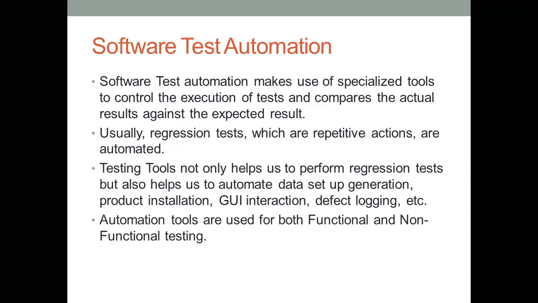We will see that in a later part of unit 3. Which tools are used for functional testing, which tools are used for non-functional testing, that we will see. So all of you getting what is software test automation? In this we use a tool which tests the application and we check the results.